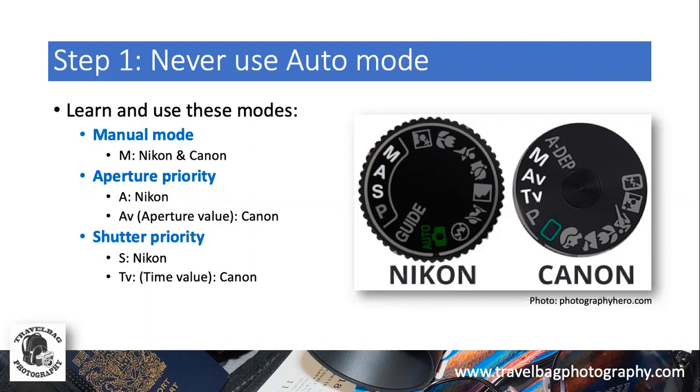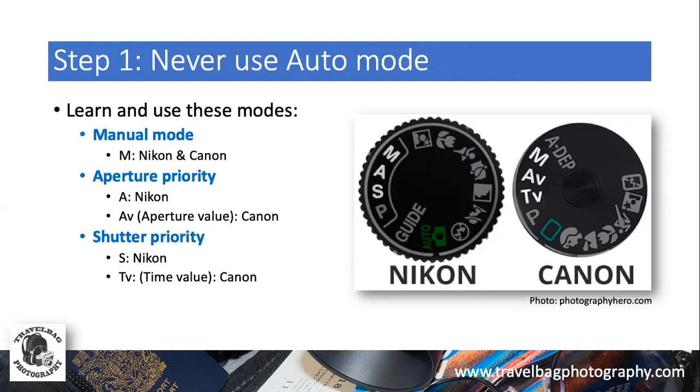You might as well take 2/3 of it back to the car dealer and ask for a refund because you're not using it to the full extent that it should be used. So the way that you do that is you learn how your camera works. You learn how to use the camera that you bought. And the really easy way to do that is you learn 3 modes: manual mode, aperture priority, and shutter priority.